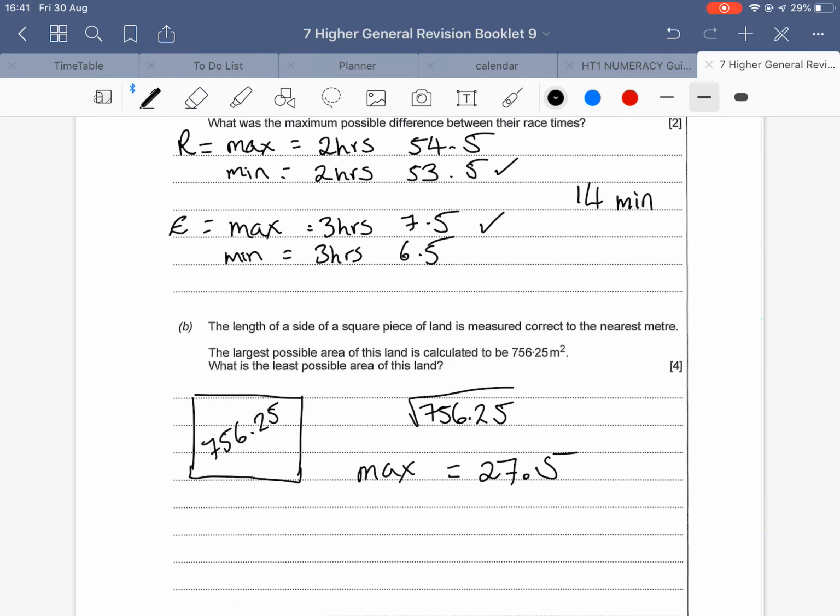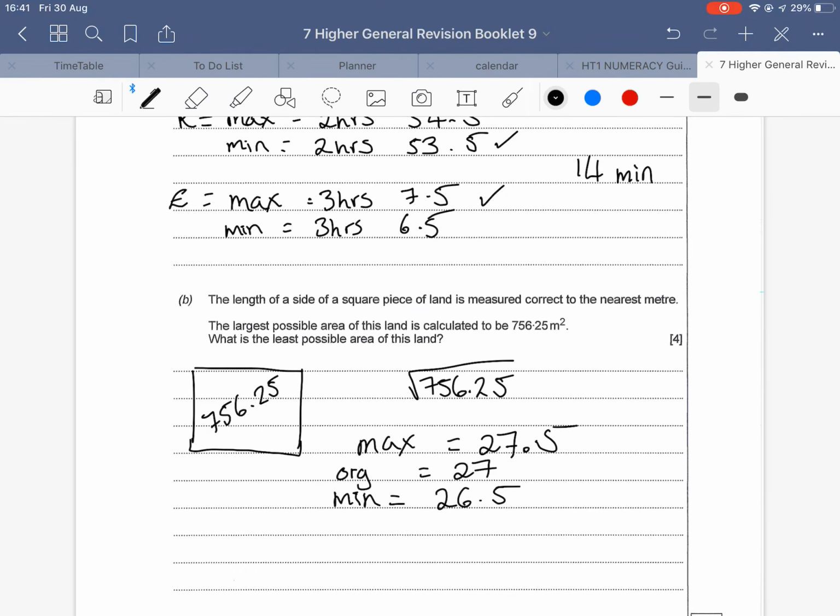So when they did it correct to the nearest meter, half a meter is obviously 0.5, and then they added it on. Okay, so what they originally measured would just be 27. So because they added it on, that 0.5 makes 27.5. So to do their minimum, we would take it away, so it's 26.5.